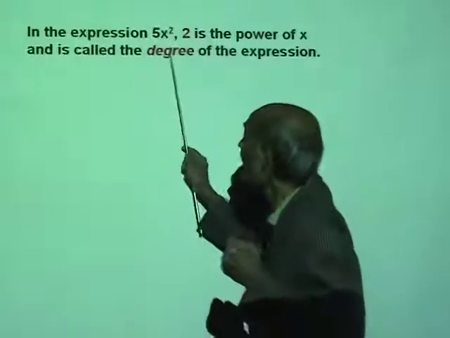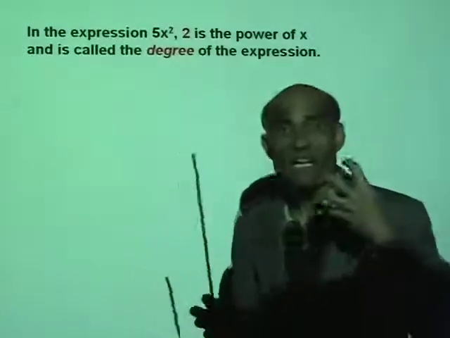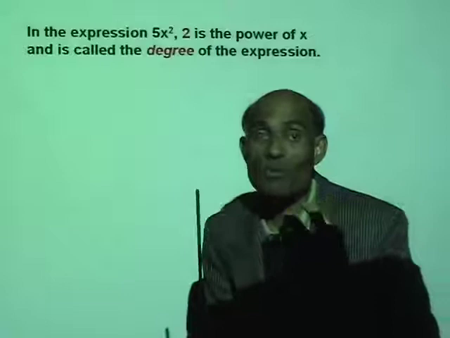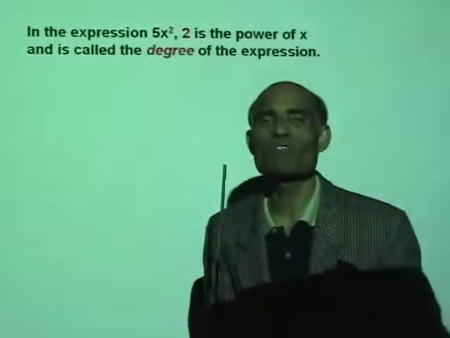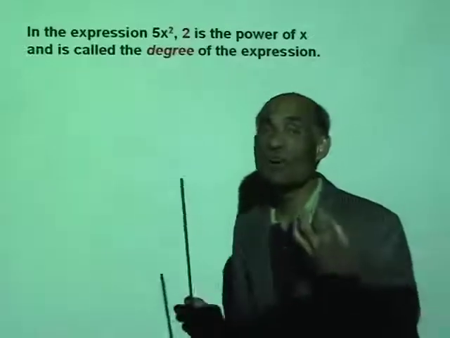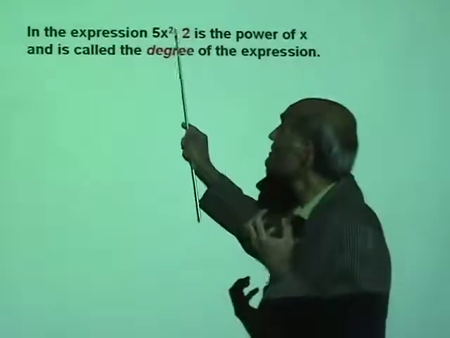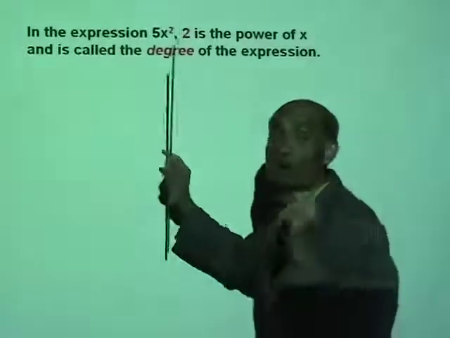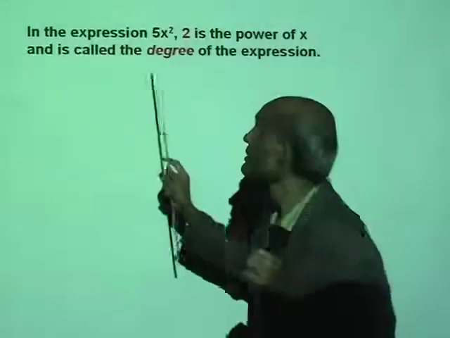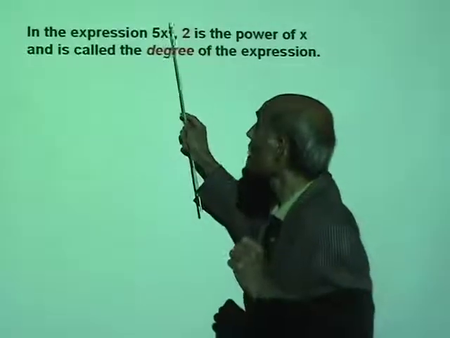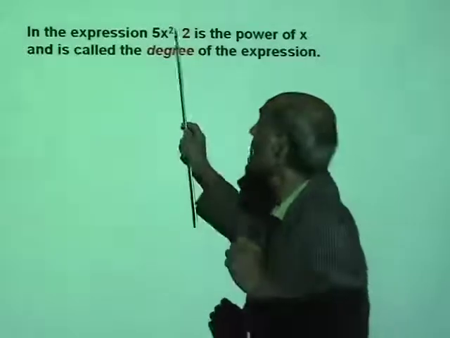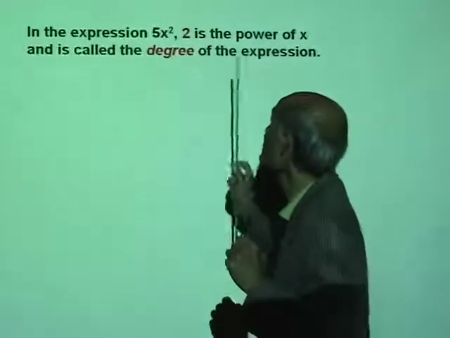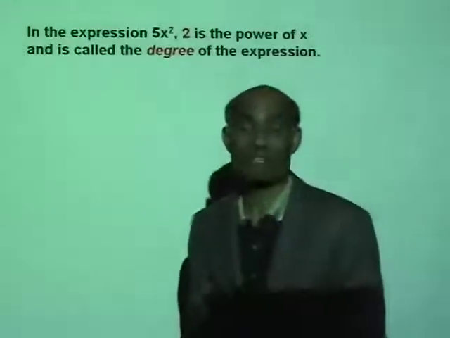So the expression 5x squared has a degree. What is the degree of an expression? The degree of an expression is the power of the variable. The variable here is x. The power of that variable is 2. And that power is called the degree of the expression.